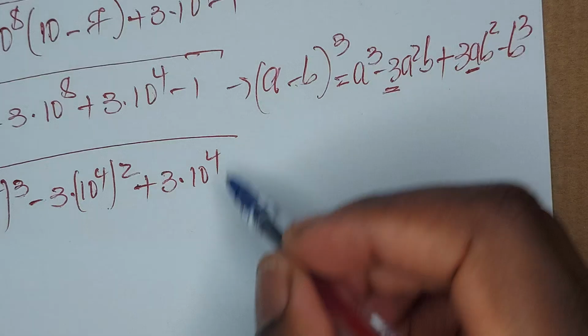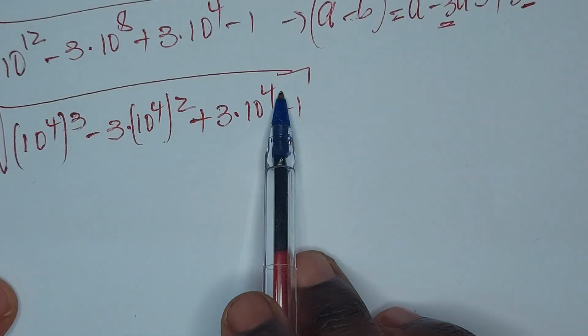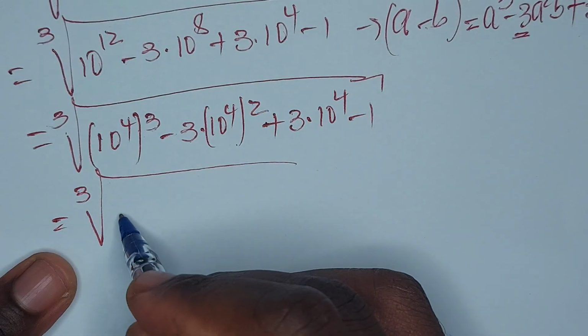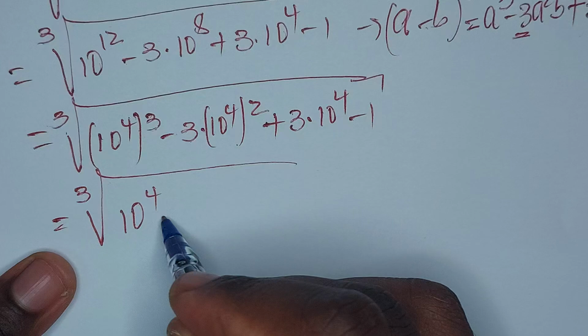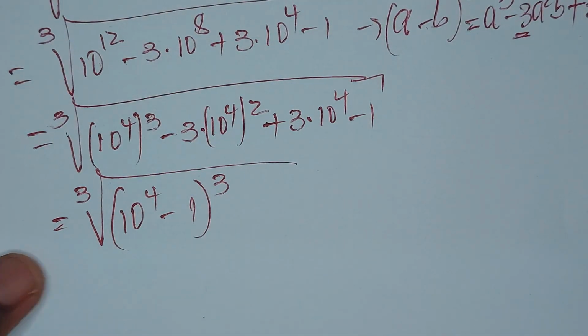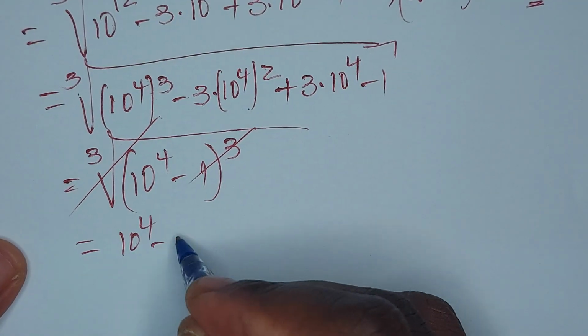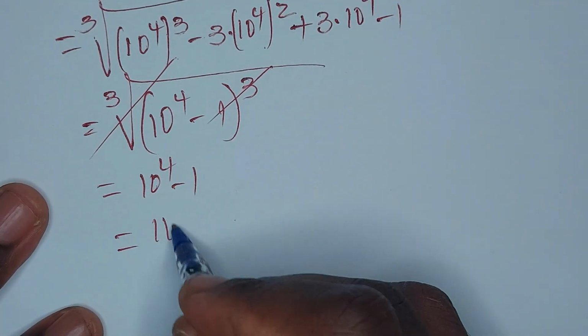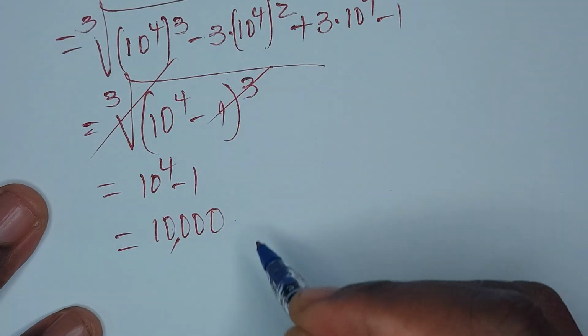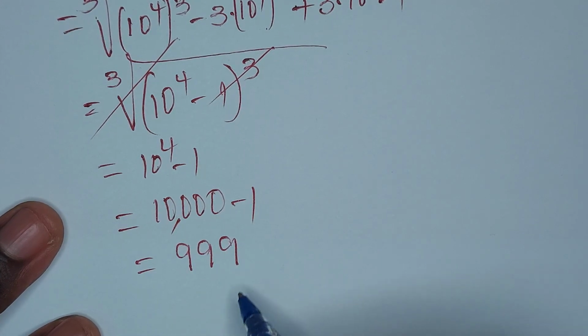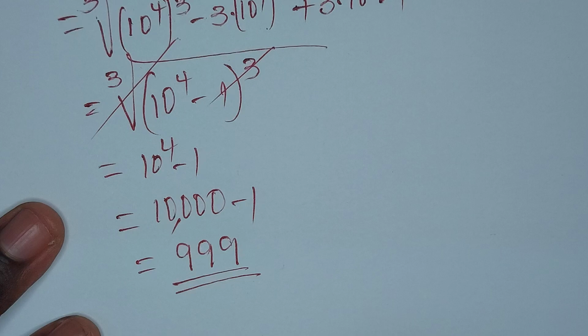And minus 1, because our b is minus 1. So this turns out to be the cube root of 10 to the power of 4 minus 1 to the power of 3. So now this cancels with this, and we have 10 to the 4 minus 1. This is 10,000 minus 1, so this is going to be 999.